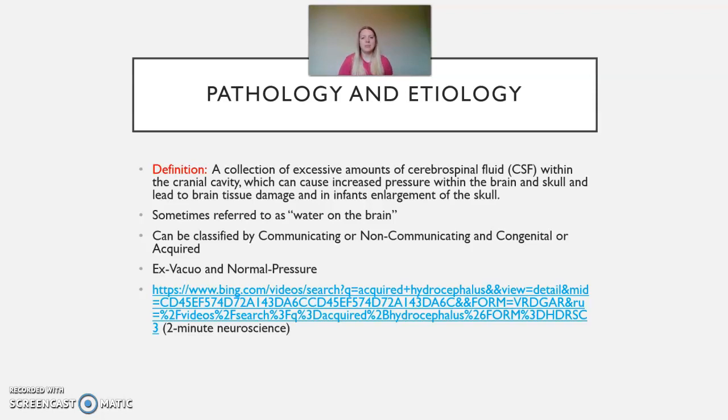Now, we do have some subcategories that go along with hydrocephalus. It can be ex vacuo and normal pressure. Now, I couldn't really find much on the ex vacuo, but normal pressure is definitely a common type of hydrocephalus, so we'll definitely be going into more detail about that.